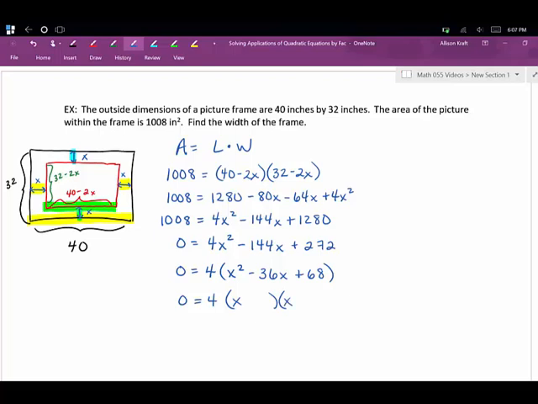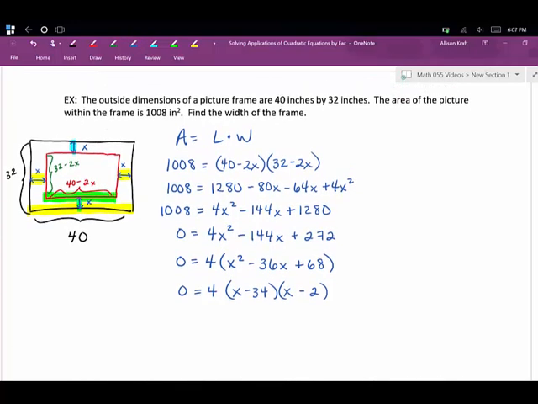We're looking for two numbers that multiply together to give a positive 68, but add together to be negative 36. Negative 34 and negative 2 work for us. And now we're ready to apply our zero product property. We're setting each one of our factors containing a variable equal to 0 and solve.